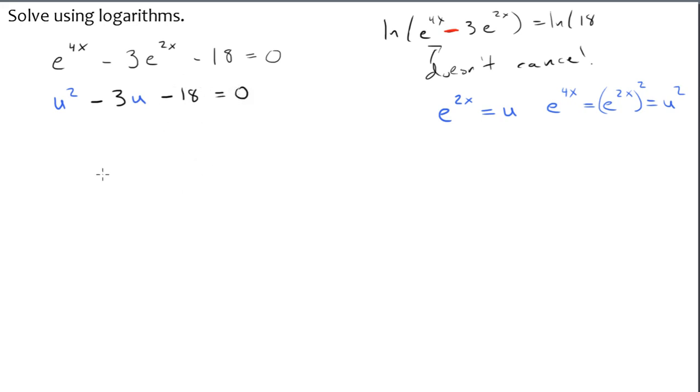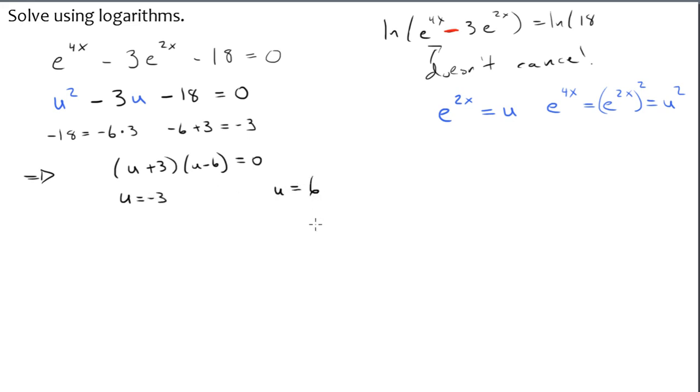And I think I know how to solve this because negative 18 is equal to a negative 6 times 3. Negative 6 plus 3 is equal to a negative 3. So this becomes, see here, we'll write this as u plus 3 times u minus 6 is equal to 0, and we'll get u is equal to negative 3, and u is equal to 6.